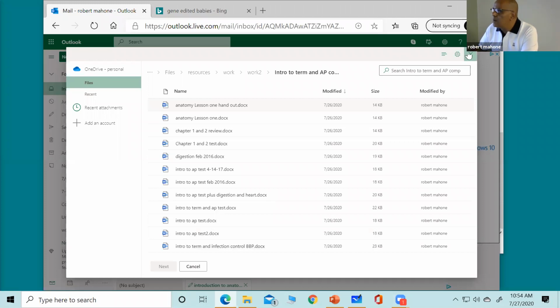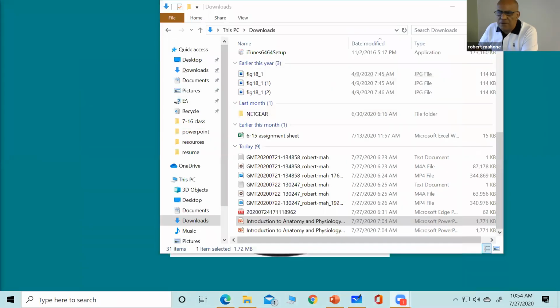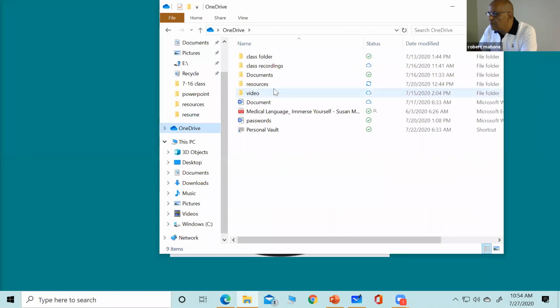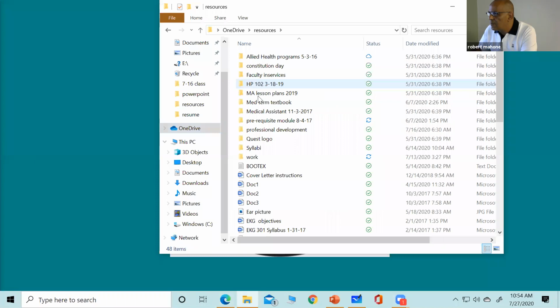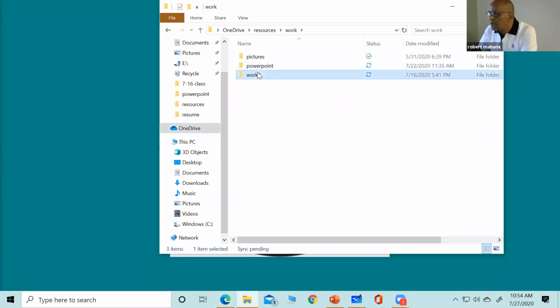All right, I don't want to attach that yet. I want to open it first. So let me go and open it and see what it is I'm looking at.